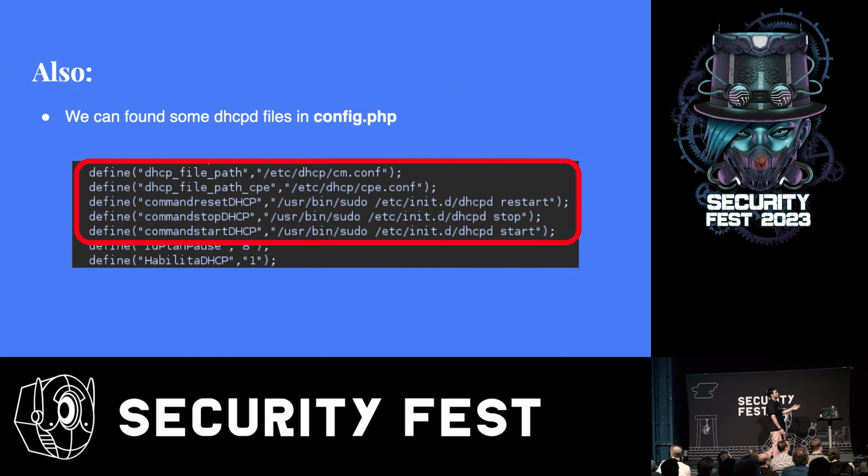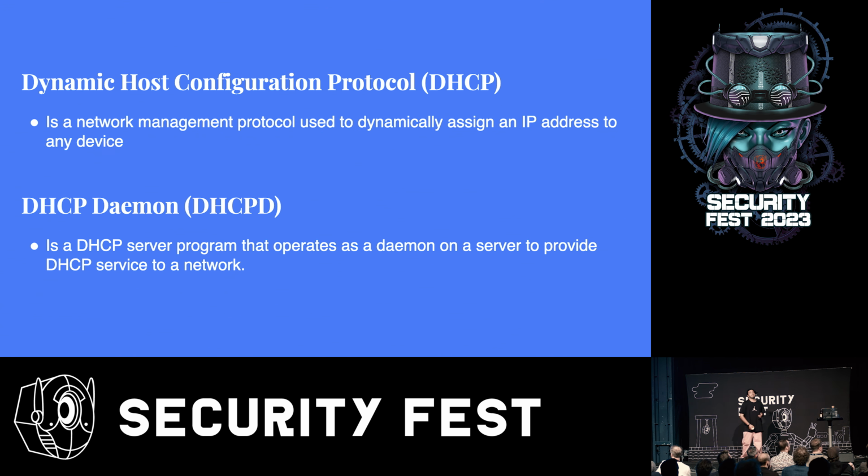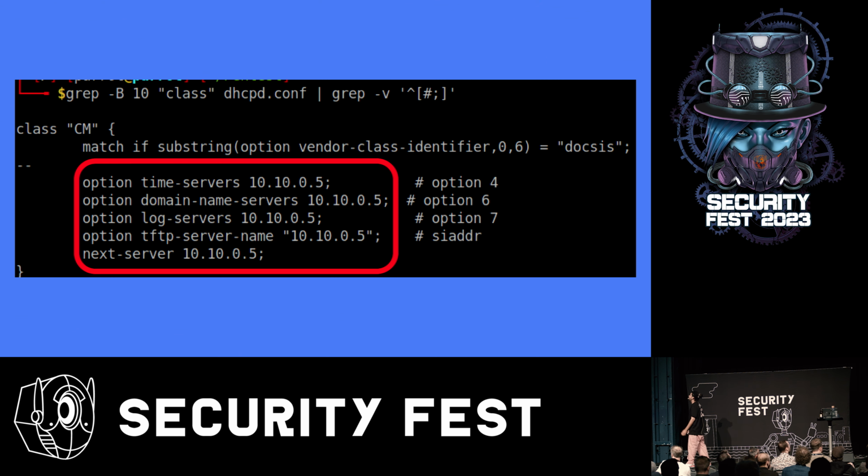But what is DHCP? Basically, it's the network manager that sets the different IPs inside the network for the devices, and DHCPD is the program that does that. I opened the configuration file, and we have different things like a TFTP server, log server, time server, and DNS. All of that is pointing to 10.10.0.5, but that is another deal.